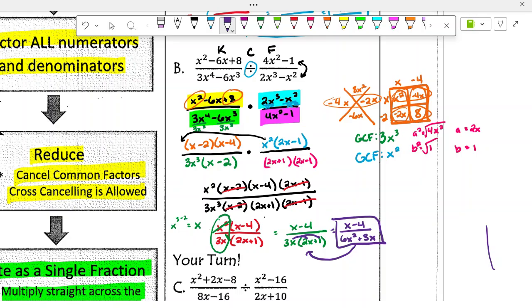Yes, that's first. We gotta do this one. We have to do the bottom.